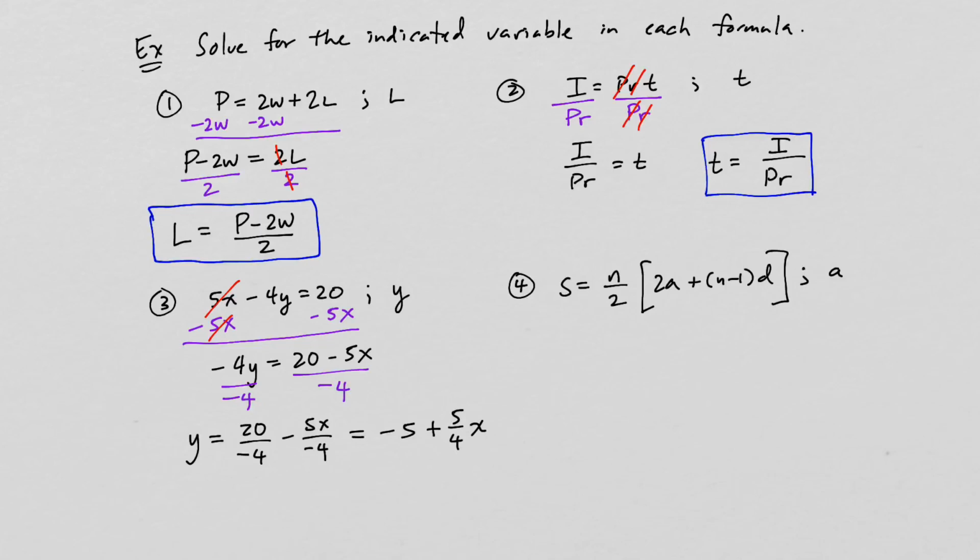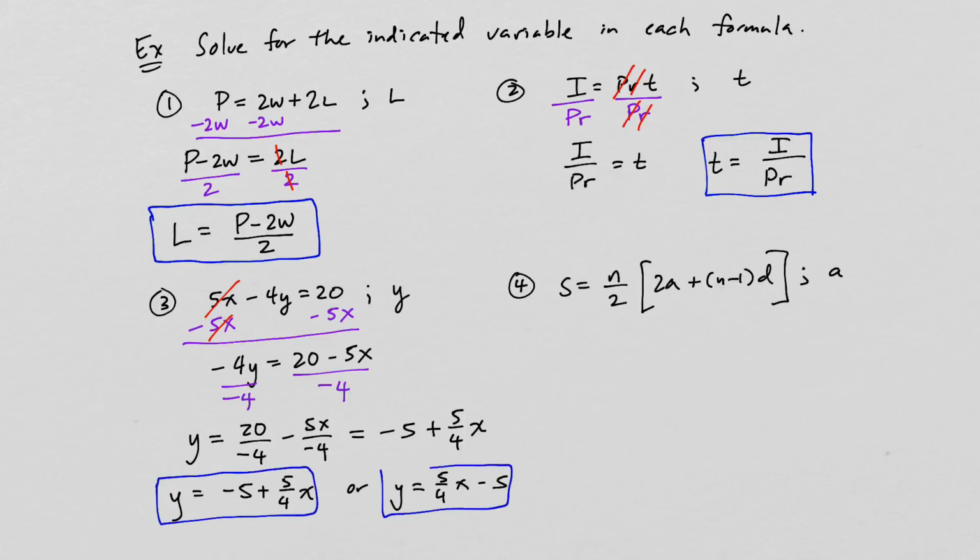And so our final answer here, we can actually write in two different ways. We can write it as y equals negative 5 plus 5/4 x, or we can say y equals 5/4 x minus 5. Again, both of these are acceptable, and I'm not trying to confuse you by giving you alternatives in writing your answer. I'm just trying to get you to see that they are the same thing.